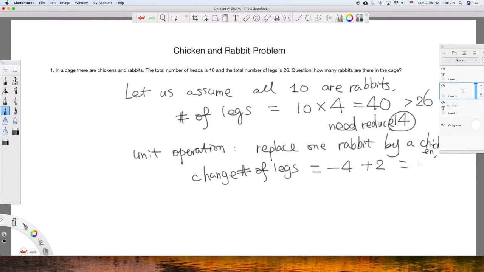So you are reducing by 2, or minus 2. Every time it's minus 2, minus 2, minus 2. And this is true for every replacement.